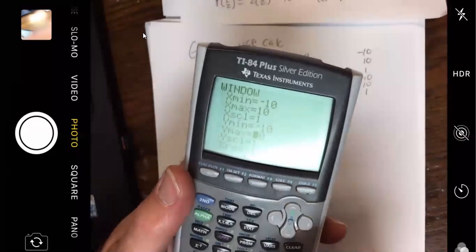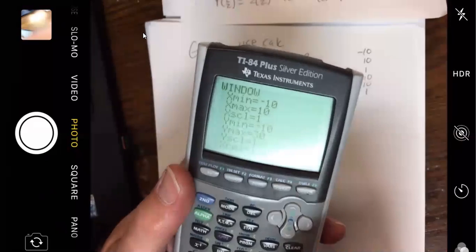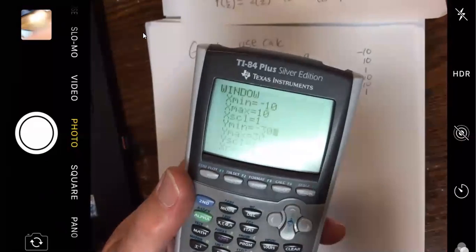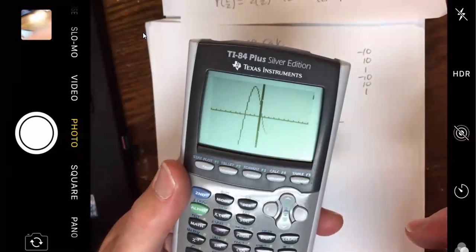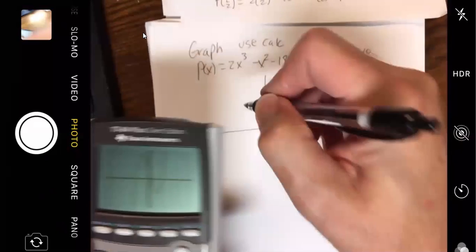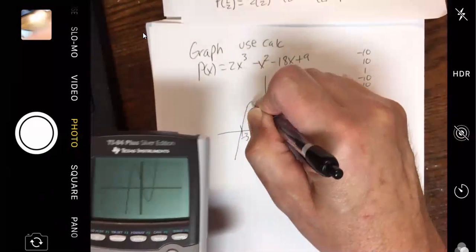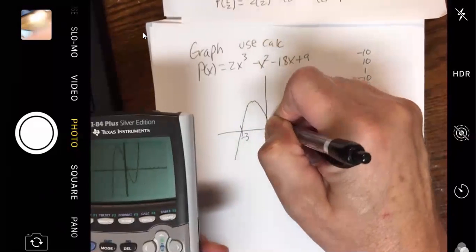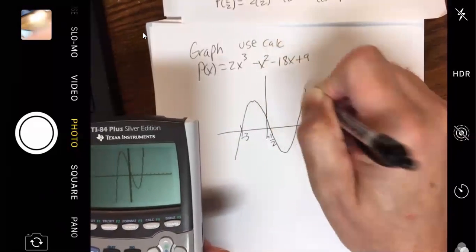How high? Who knows? Y max, I don't know, is 30 enough? There's just no way to tell. I got to go a little lower. Let's go -30. And that was good. So you're getting a nice graph: it comes up at -3, peaks, goes down through 1/2, dips, comes back up through 3.